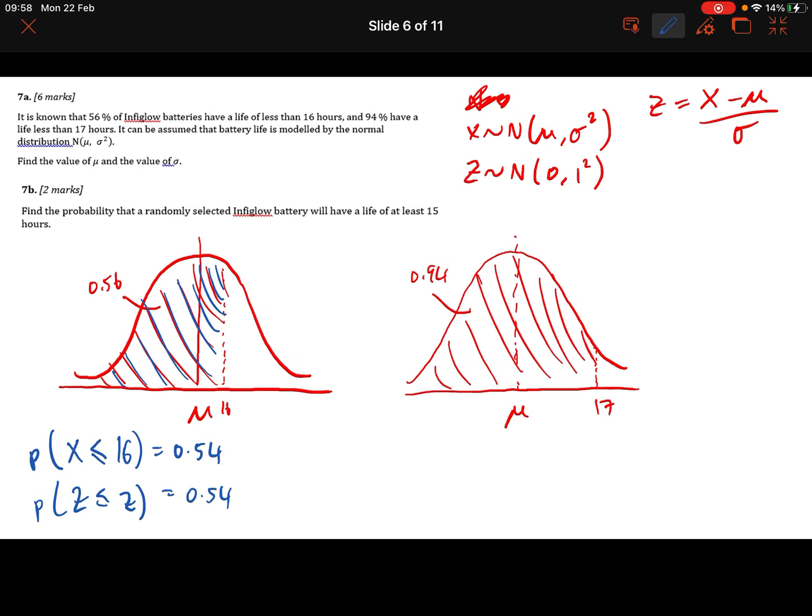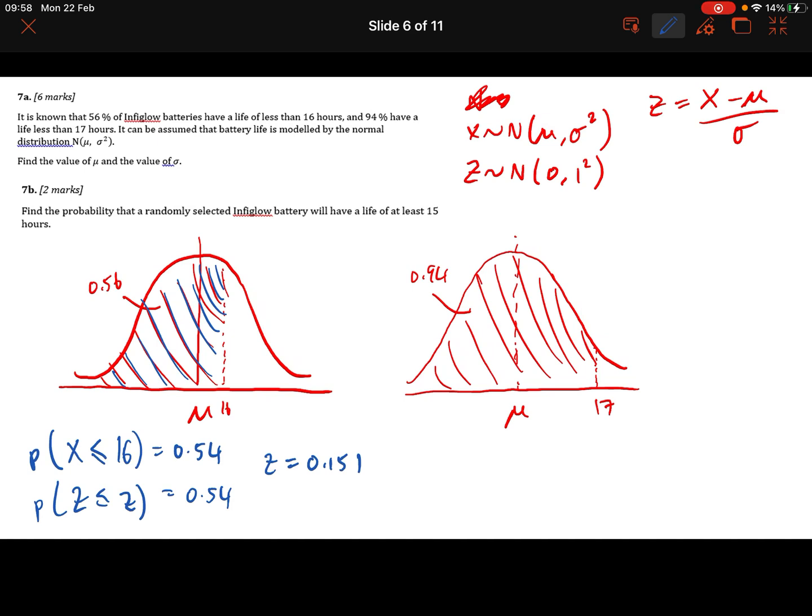You're going to use a standard normal distribution, which means a mean of 0 and a standard deviation of 1. Don't get it the wrong way round. Execute, and we can see that the z value that makes that true is 0.151 to 3 significant figures.